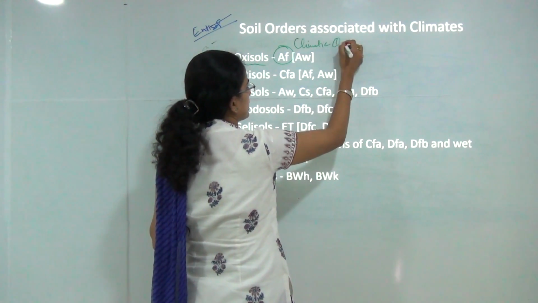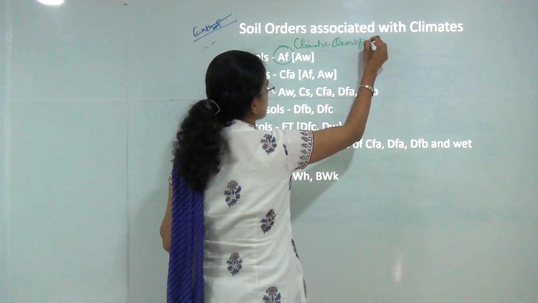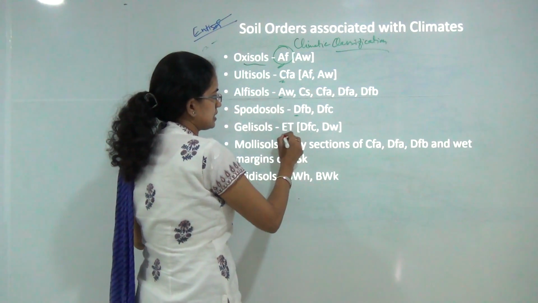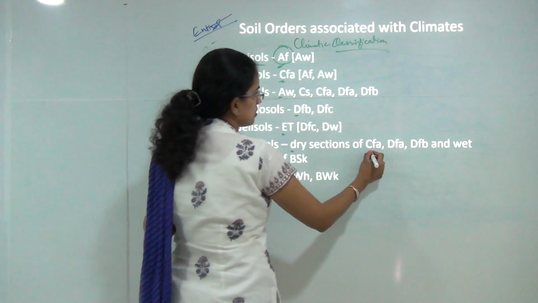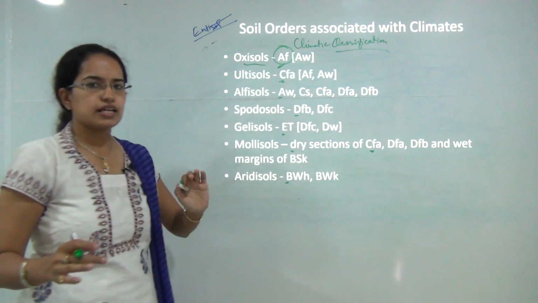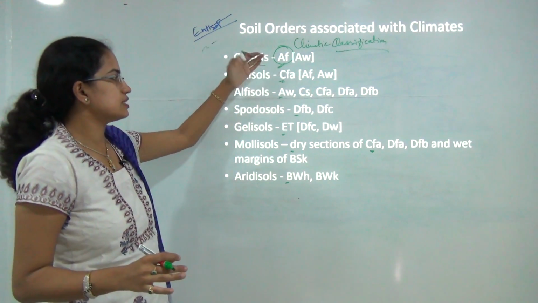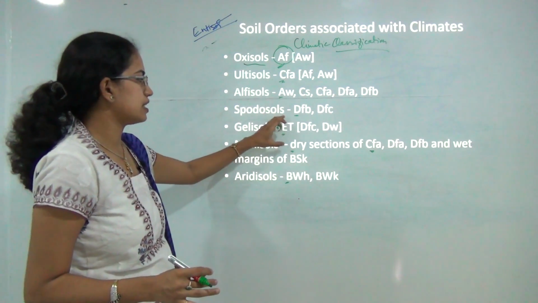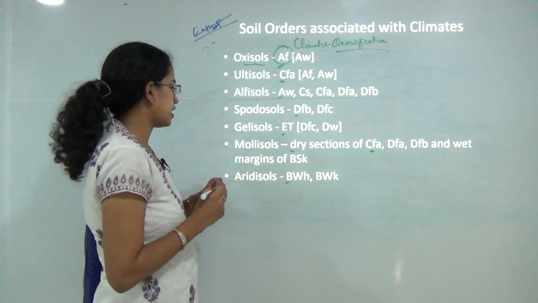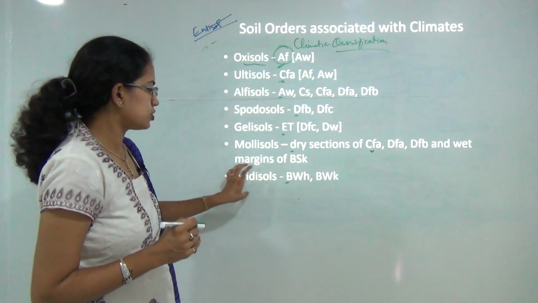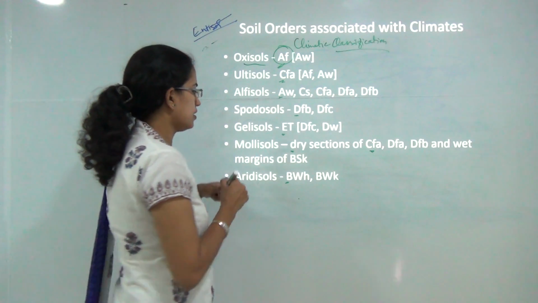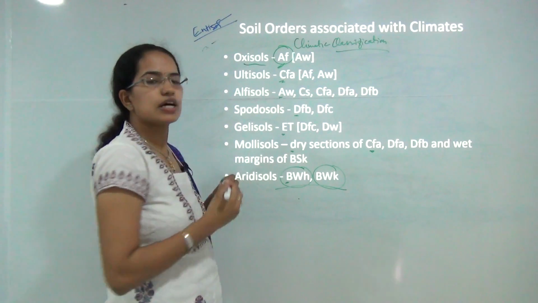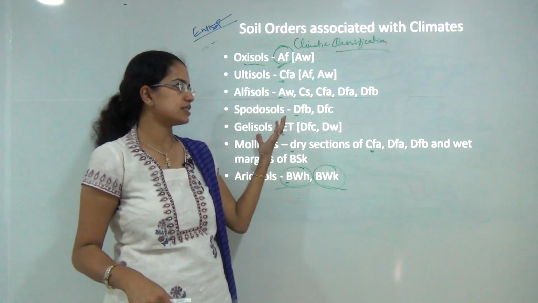We will be covering climatic classification in the further class, where you will be clearly able to understand the meaning of the letters here. So you have A, B, C, D and E as the major letters. A is the humid, B is the semi-arid, C and D are a kind of moderate climate, and E is the polar or the tundra climate. So for dry climates, as you can see, you have BWH and BWK, and similarly you have the other classifications that can be seen here.